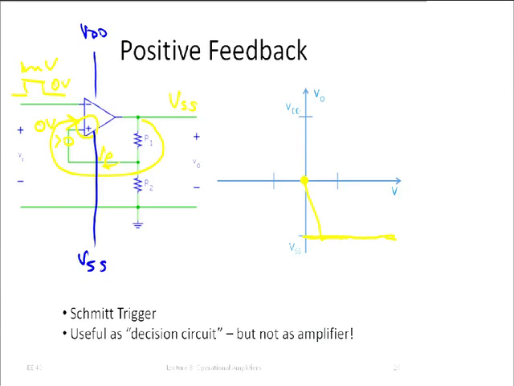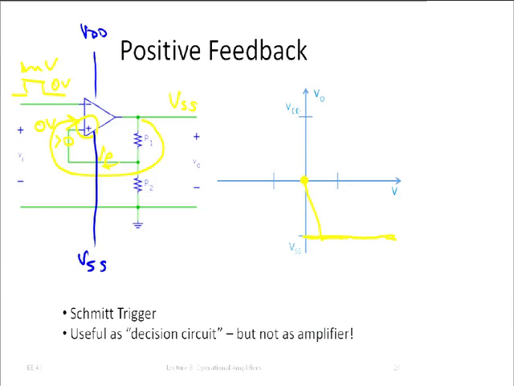Well, if Vi becomes negative, then at some point Vi is going to be sufficiently negative that whatever we have here, Vf minus that negative number, actually gives us 0, right? And then ultimately becomes a positive number.